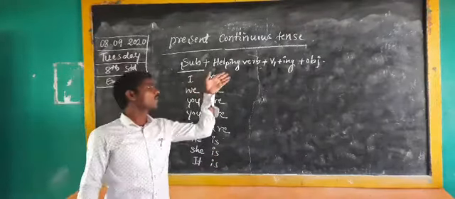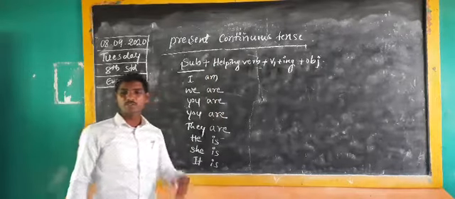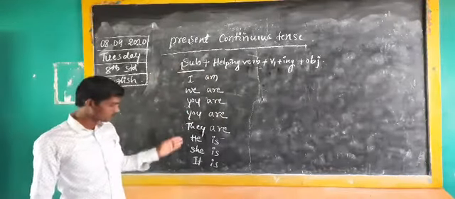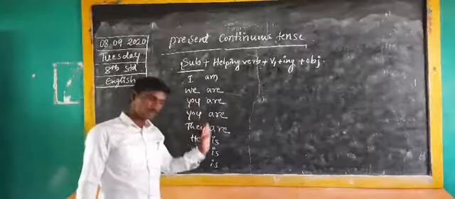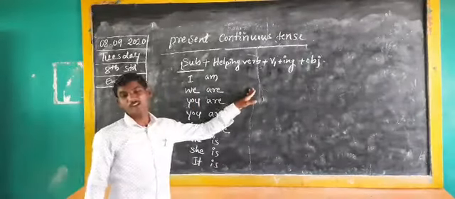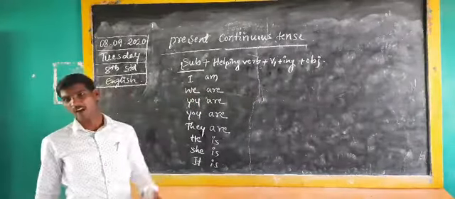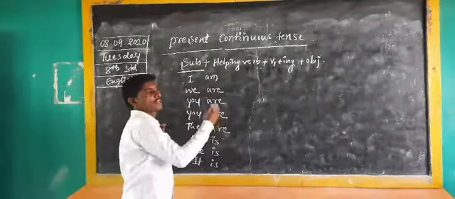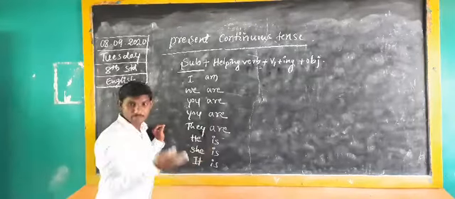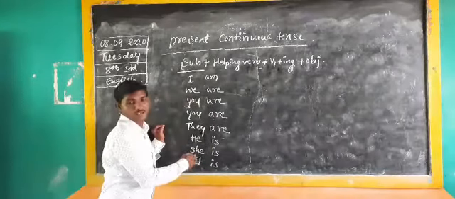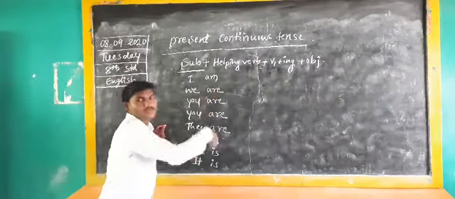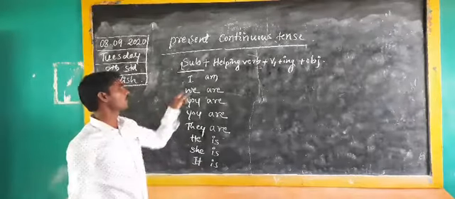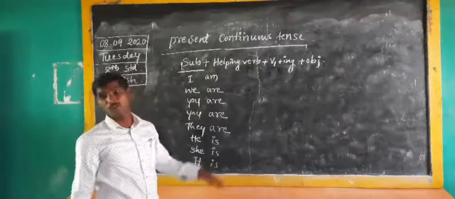For what reason do we consider these helping verbs? Because for these subjects, at the present moment the action is going on. That's why these verbs help the person doing this action in the present moment.